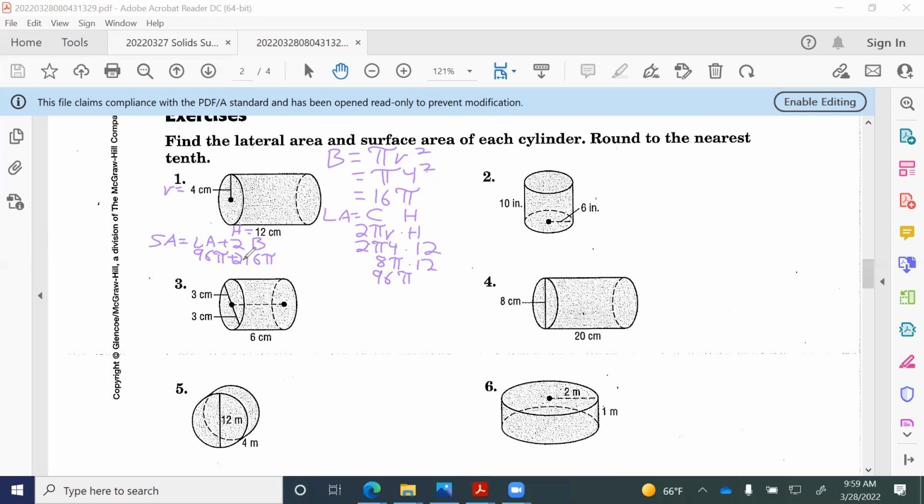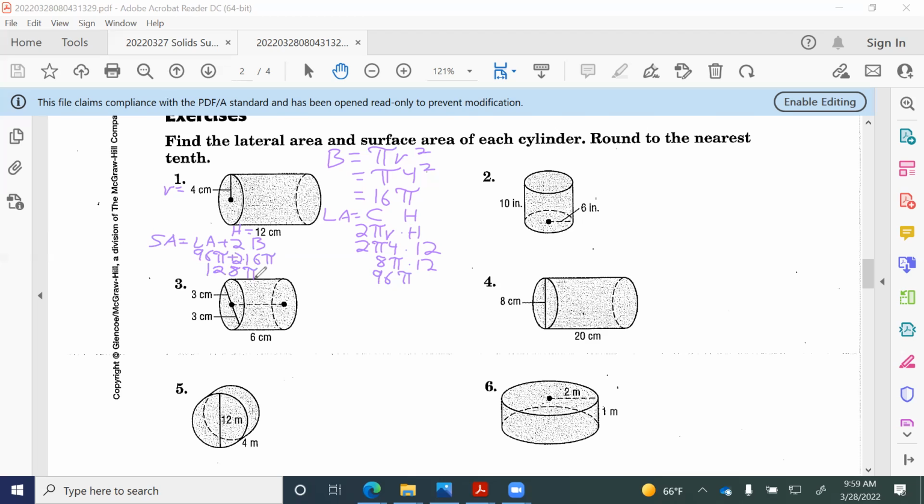So I have 2 times 16, that gives me 32. They both are in terms of pi, so I can just add them together. The 32 plus 96 gives me a total of 128 pi.